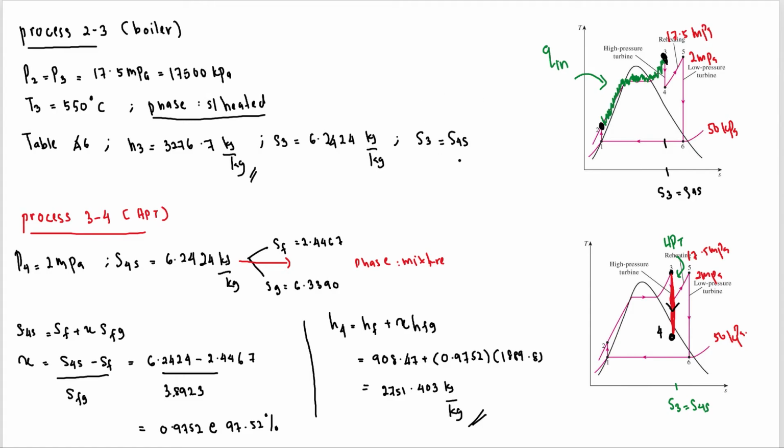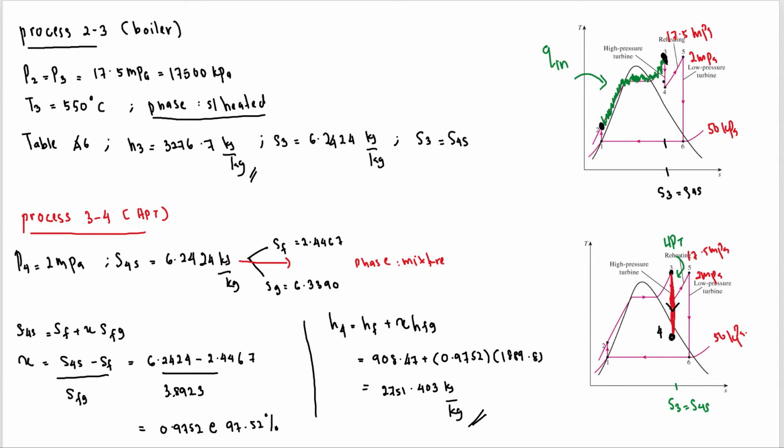I will use this value in process 3 to 4. Okay, so I already have h3. Next, we go to process 3 to 4, which is in the high pressure turbine.